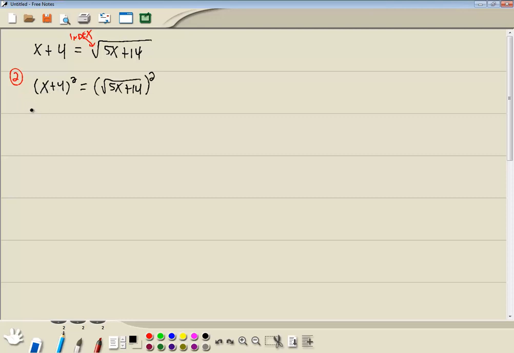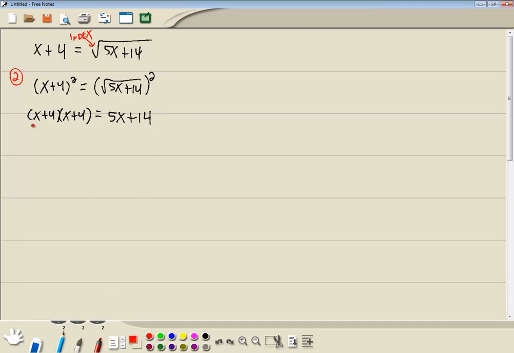Now over on the left side, x plus 4 squared is x plus 4 times x plus 4. We can't just square the x and square the 4 because of the plus in there. That's what messes it up. Now over on the right side though, when your index matches the power you're raising it to, they cancel each other away, and we're left with what's underneath the radical. So we got 5x plus 14.